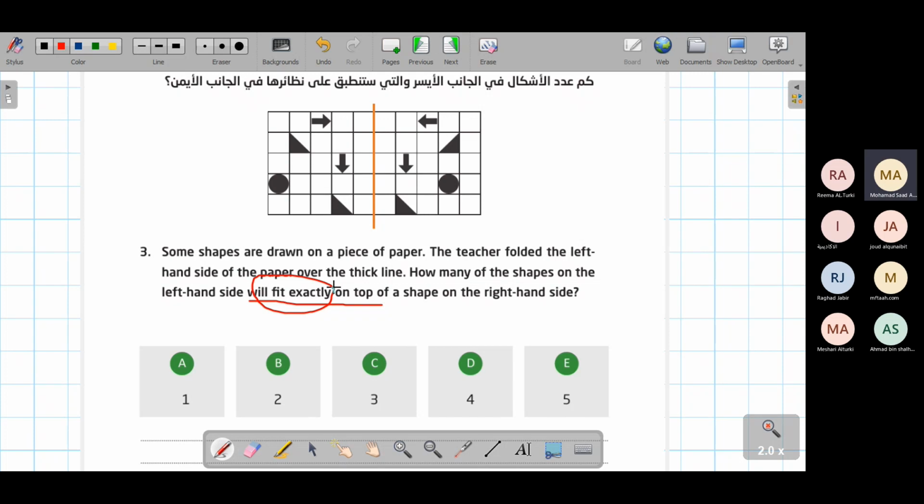Okay, so now we will look at the figure, at the shapes. Let's start with the first one, then the second, then the third, then the fourth one, and then the last one. How many?